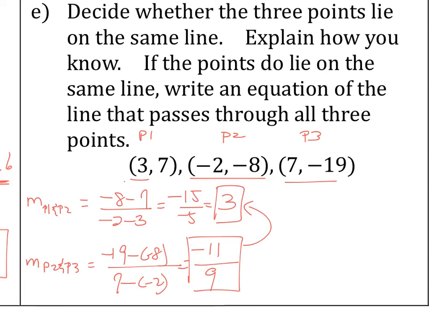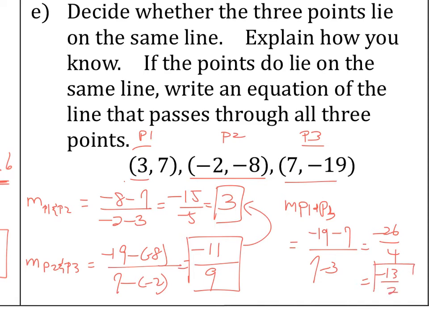But I'm going to check point 1 and point 3 just to make sure. Negative 19, subtract 7, over 7, subtract 3. And that will give you negative 26 over 4. And you simplify that to get negative 13 over 2. As you can see, the slopes are all different. So they don't lie on the same line.